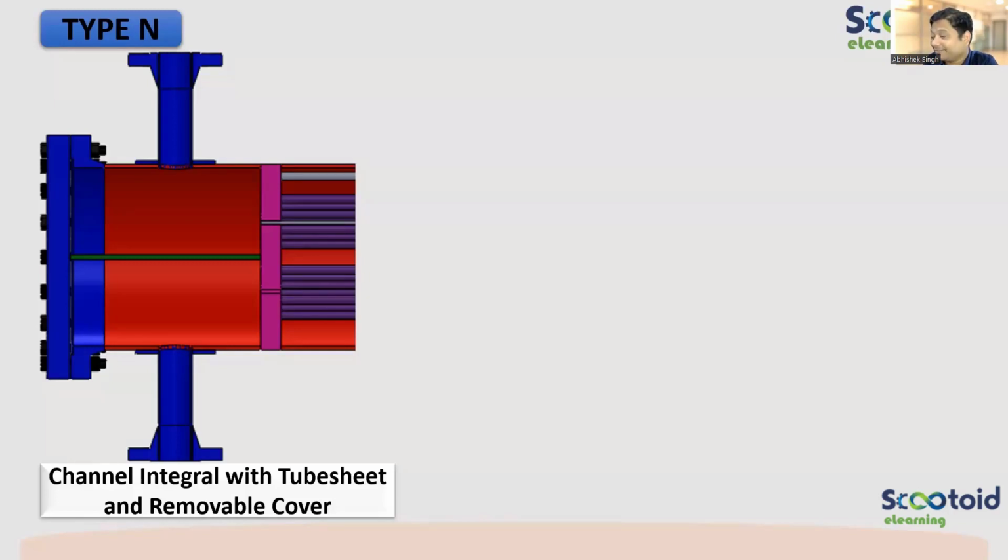Here, what is the difference between type A, type B and type C? No flange on the right hand side. Left hand side flange is there, but right hand side there is no flange. So how will we call it? You can see the name also. Tube sheet is integral with shell and also channel. Both. It is welded with both.